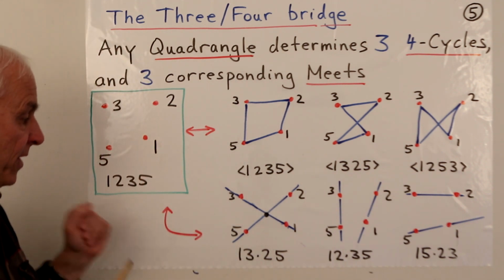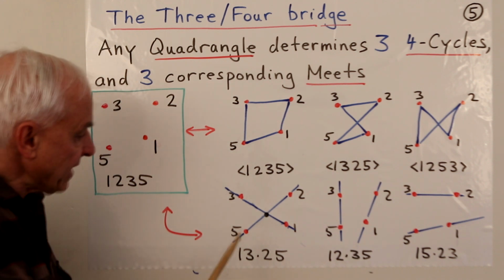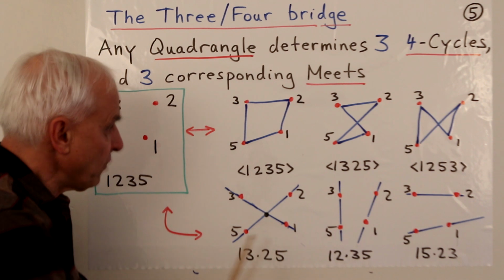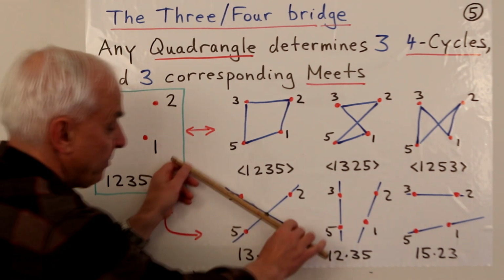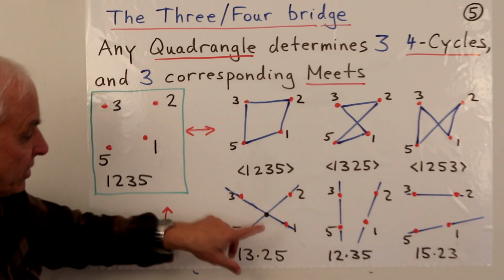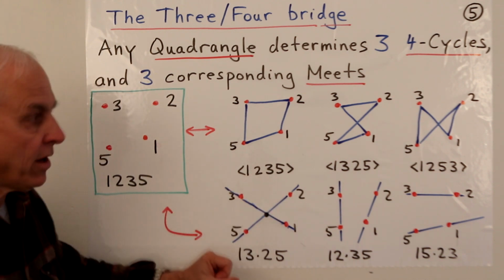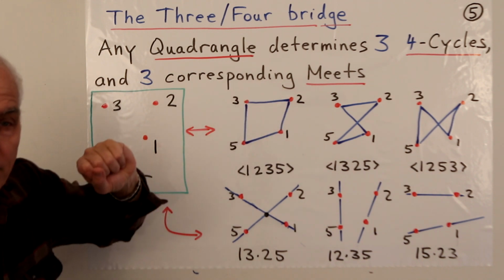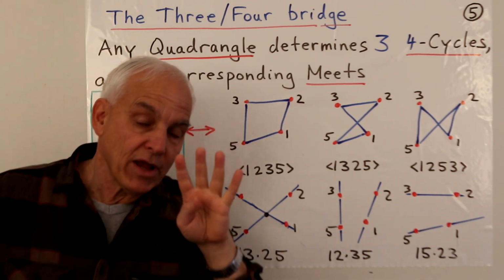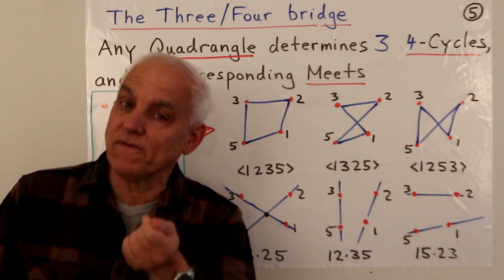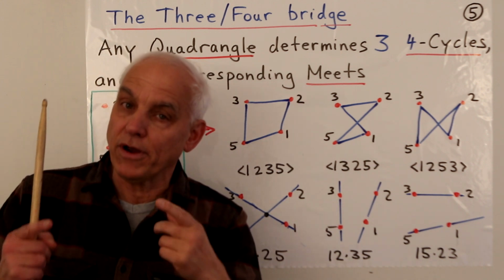Now here on the bottom are the 3 corresponding meets that we can create from these 4 points, or 4 nodes. Namely, we can take the meet of the edge 1, 3 and 2, 5. The 1, 3 is representing this edge, and 2, 5 is representing this edge. Notice that these are the 2 edges which are not appearing in this cycle. So if you have 4 points, then altogether there are 6 possible edges that you can form from those 4 nodes.